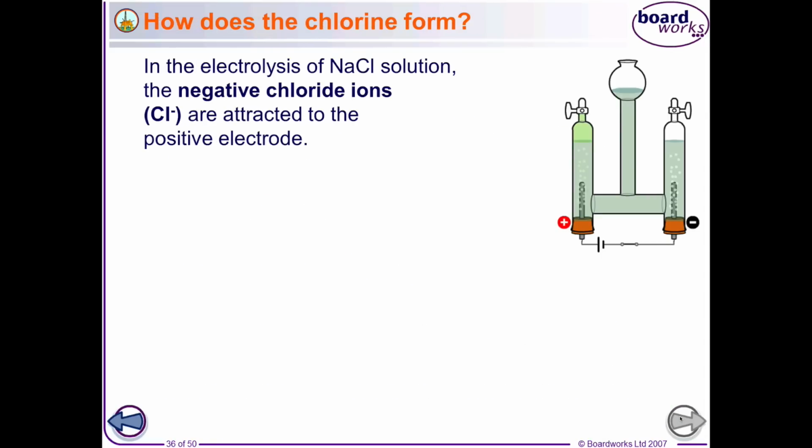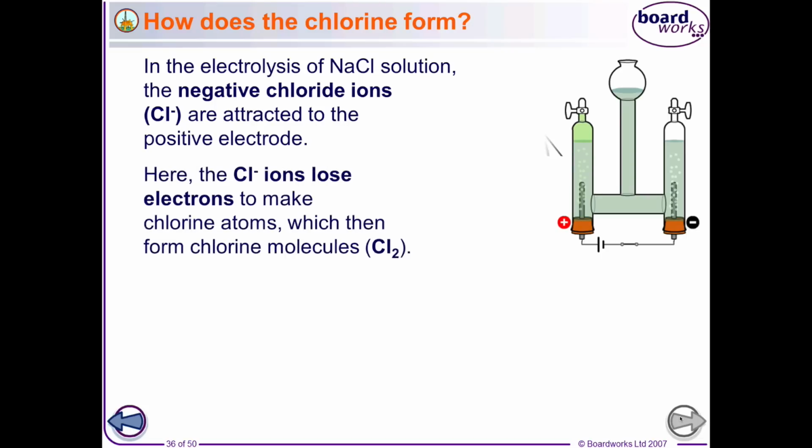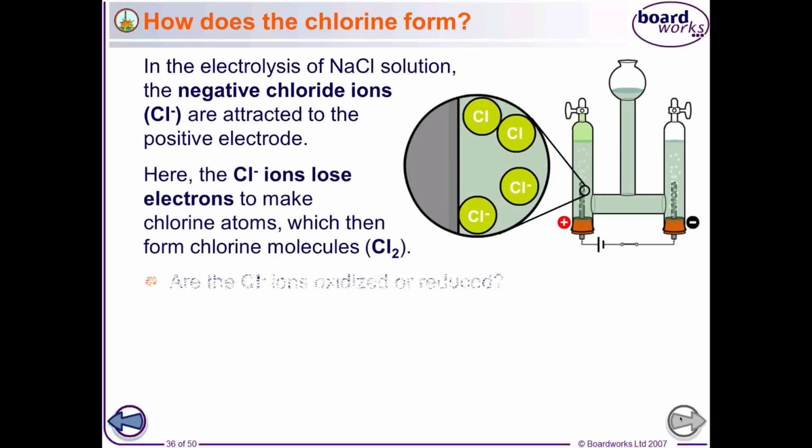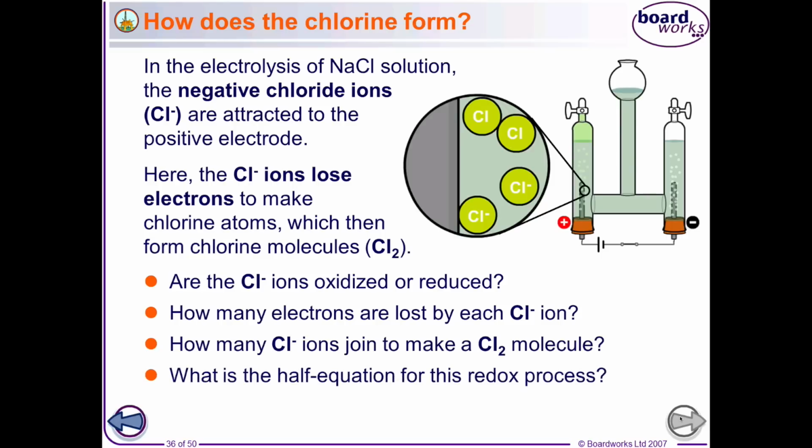Right, first of all, the half equations. Now these are for higher tier only, so at the positive electrode first, the half equation that happens is Cl minus will turn into Cl2 gas, and that will give off 2 electrons, and that is oxidation.